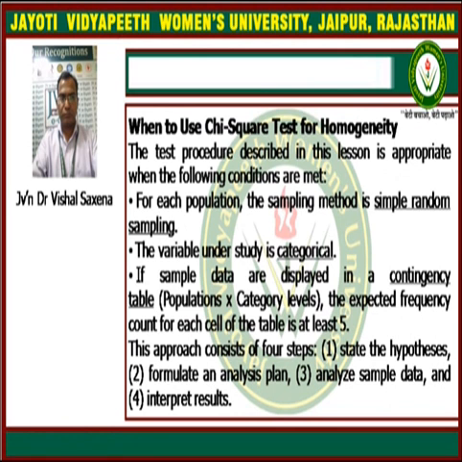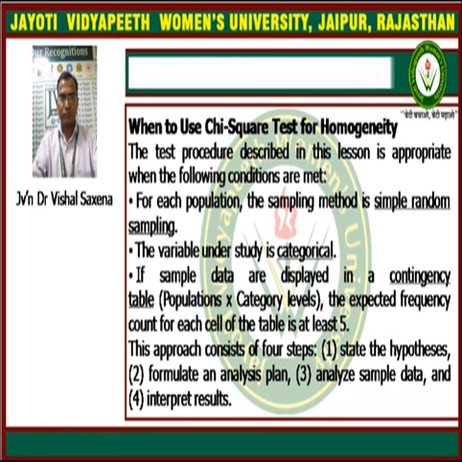For each population, the sampling method is simple random sampling, and the variable under study is categorical. So the first condition is that the variable should be categorical, and the second condition is that the sampling method must be simple random sampling.